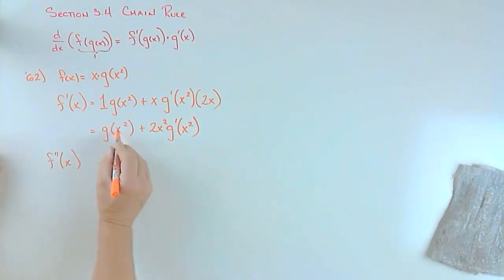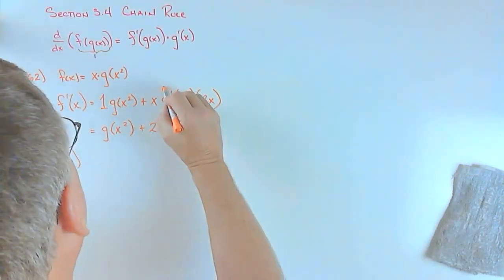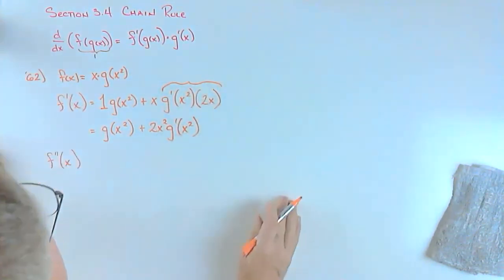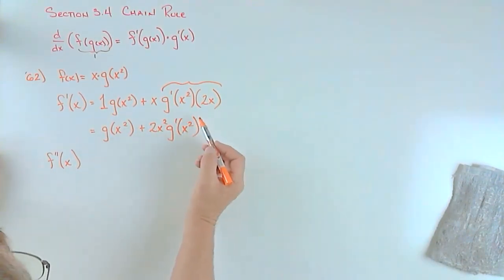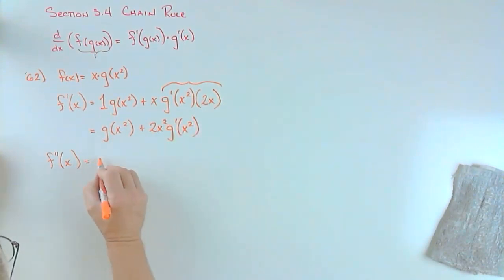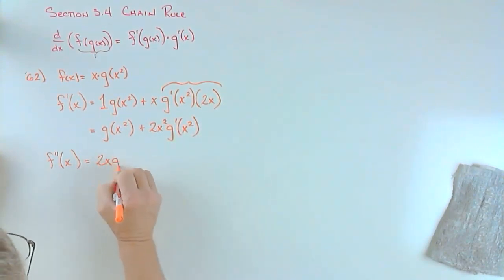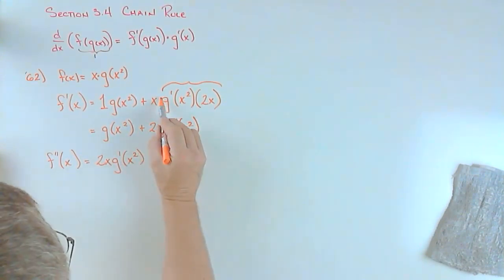I take the derivative of g of x squared. Well, we just took the derivative of g of x squared in our previous step, right there. So we don't have to rethink our way through that. We can just copy that down. The derivative of g of x squared was 2x g prime of x squared, right? It's right there.